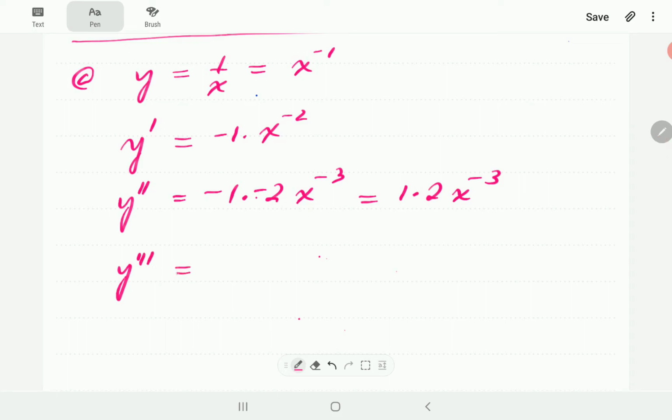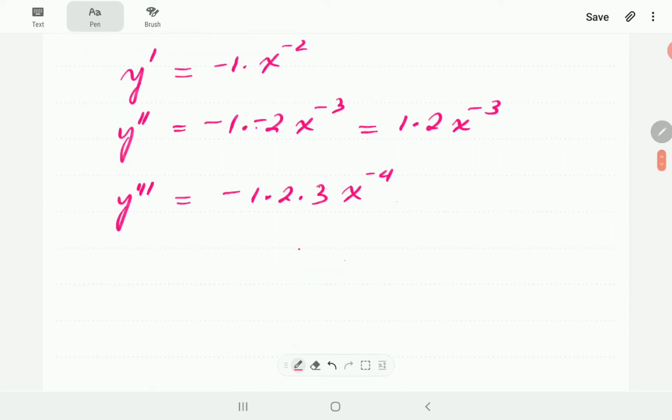Then the third order derivative is going to be 1 times 2 times negative 3. It's going to be negative 1 times 2 times 3 x to the power negative 4. Then for the fourth order derivative, there's going to be another negative, so this one is going to flip back to a positive, x to the power negative 5.